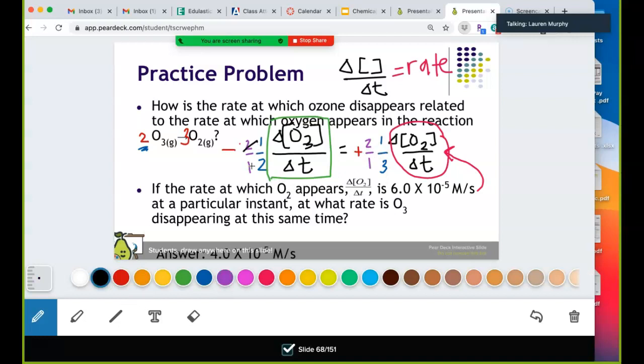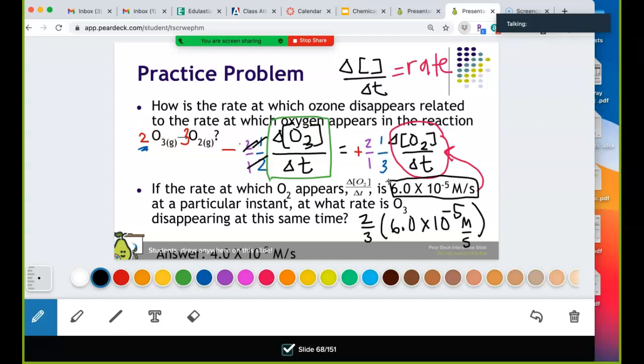So now this cancels, and you end up with 2/3. And then you plug this number in: 2/3 times 6.0 times 10 to the -5th, because they gave you that in the problem right here.